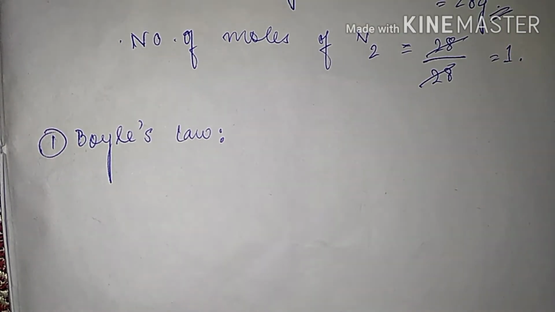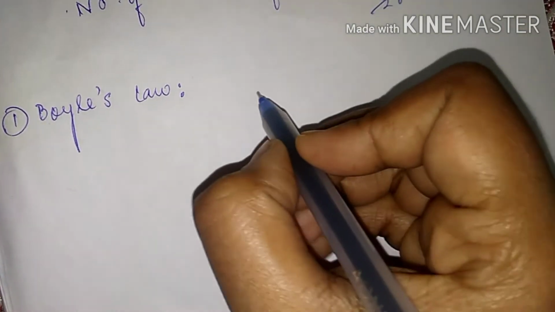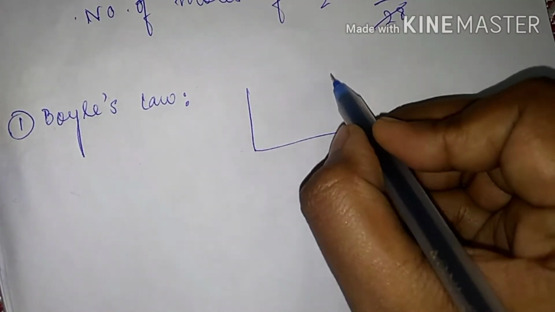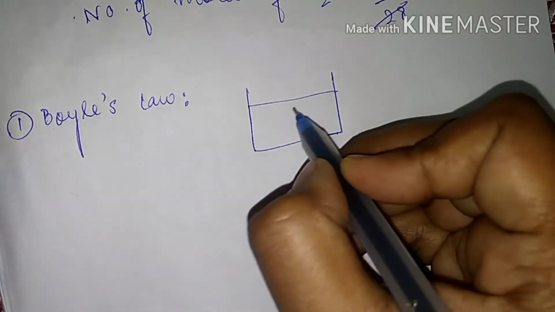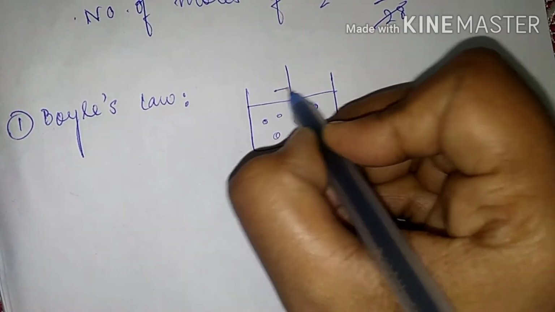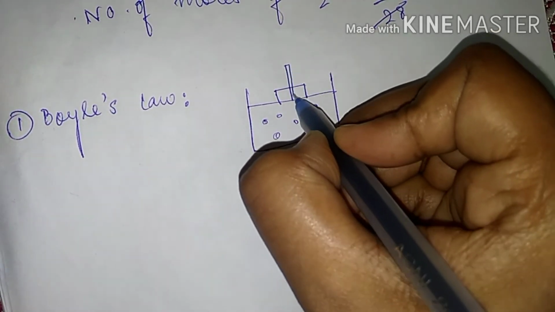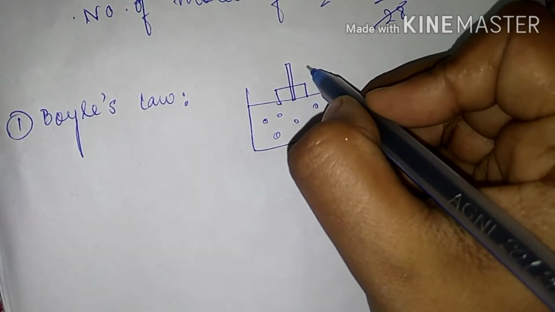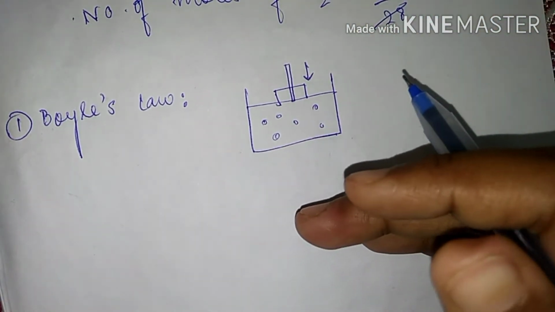What does that statement mean? It means that if we take a container in which a certain amount of gas is present and a piston is set on top of it and we apply pressure in the downwards direction.